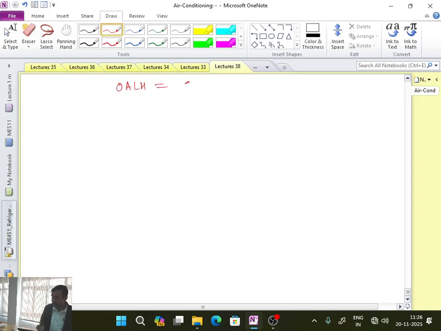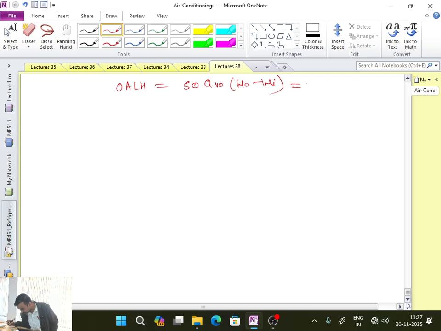OALH, its value should be 50 into QV naught, W naught minus Wi. How much is the value? 26.53. Then after this, what do I need to do?